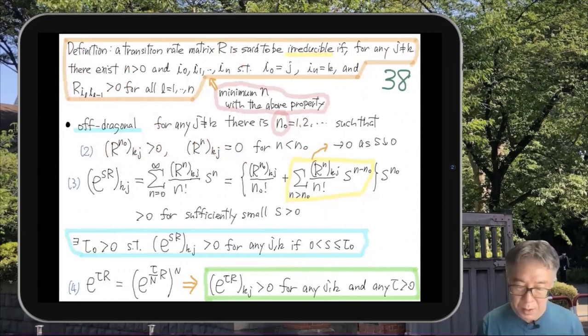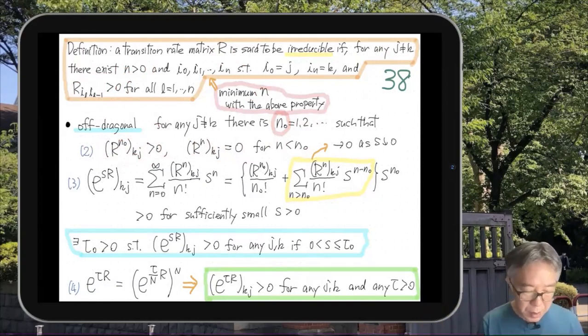So it is guaranteed that there is such n, and we take the minimum n with this property, and that is called n0. Okay, since this is minimum, in order to have this non-zero matrix element of R to the n0, you have to use all these. You have to simply multiply all these non-zero positive off-diagonal matrix elements and sum over different paths if there are many.